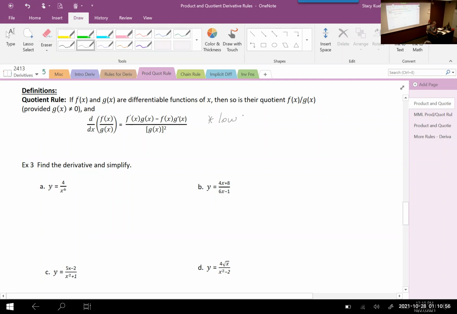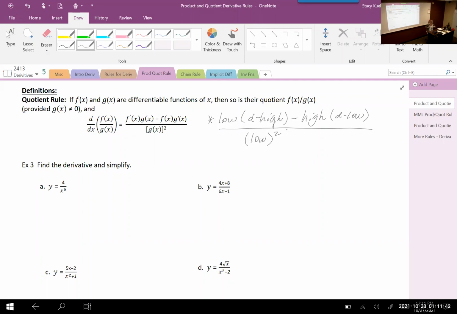And the way that we put them back together is, low, I'm just going to write this on here, you're going to write it on your paper. D high minus high, D low, all over low squared. All right? That's how we're going to put it all together.